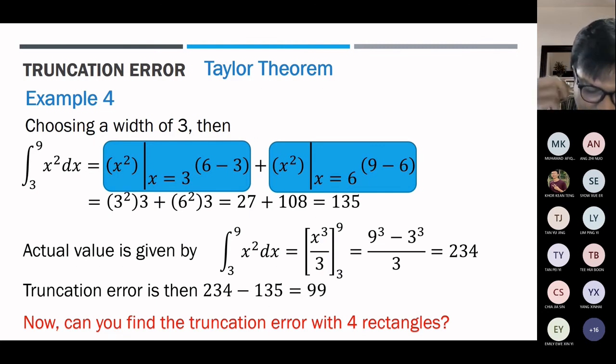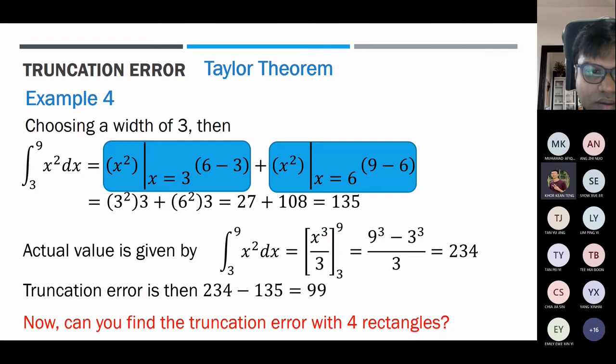Is it closer to the actual value? Is the solution less than the 2 rectangles? Anybody want to try? More than.